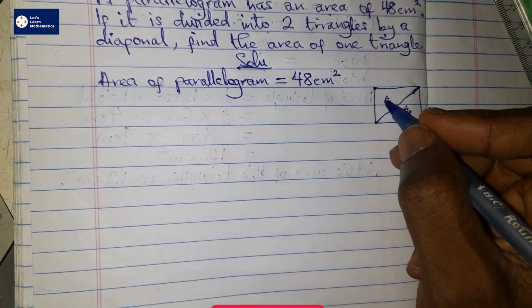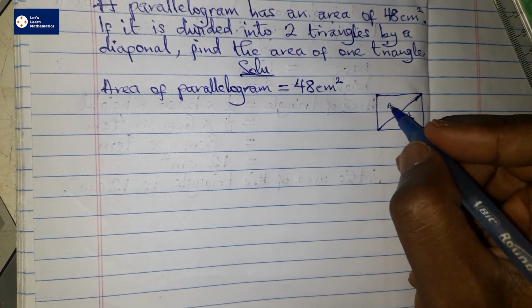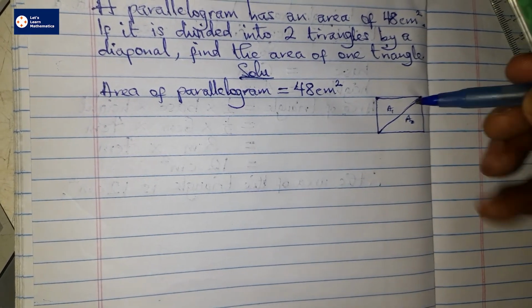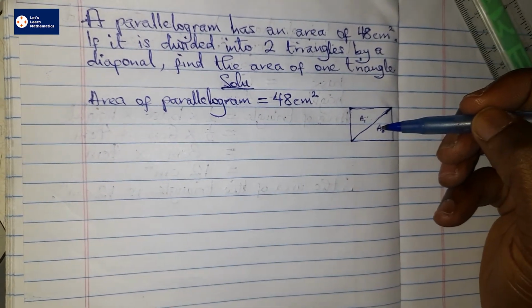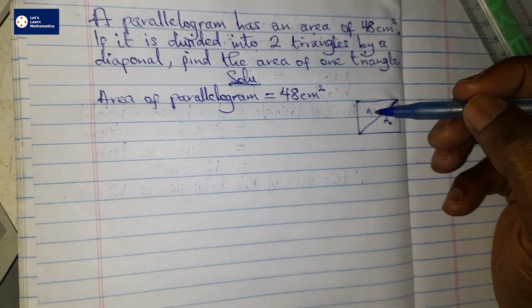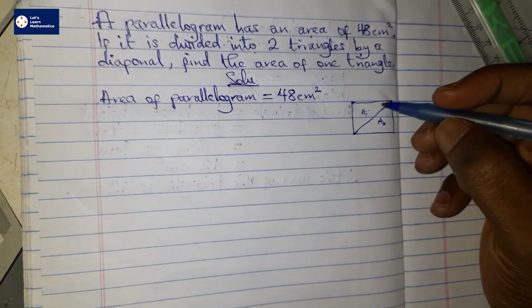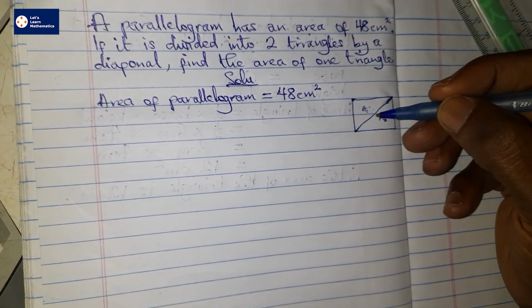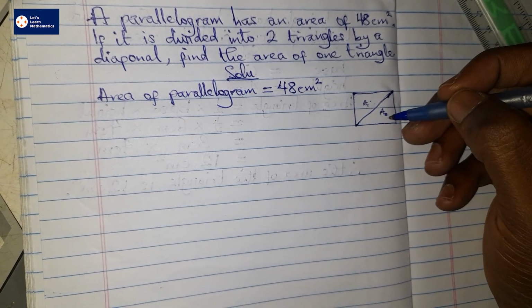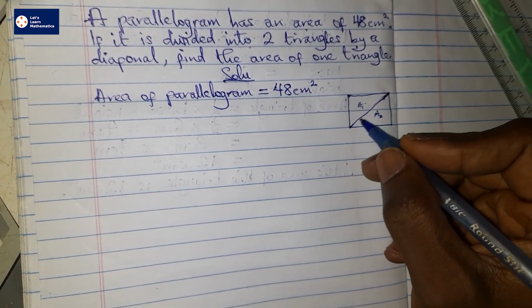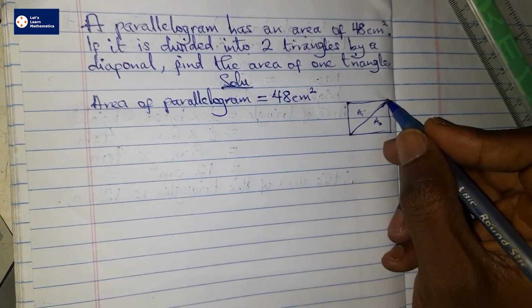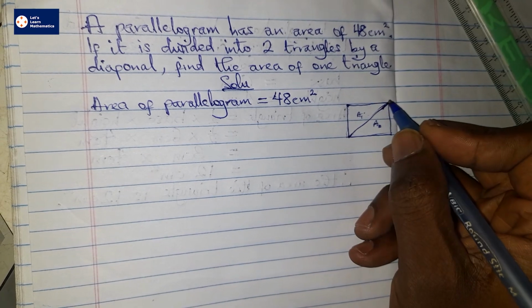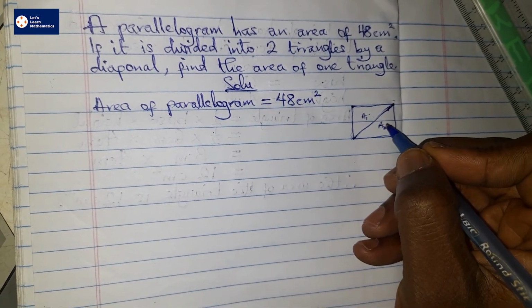Whenever we divide a rectangle or a parallelogram into two equal parts, we get two triangles that have the same area, and each of the triangles will have the area being half of the area of the parallelogram, because you can see that this triangle here is half of this parallelogram. This triangle also is half of the parallelogram.